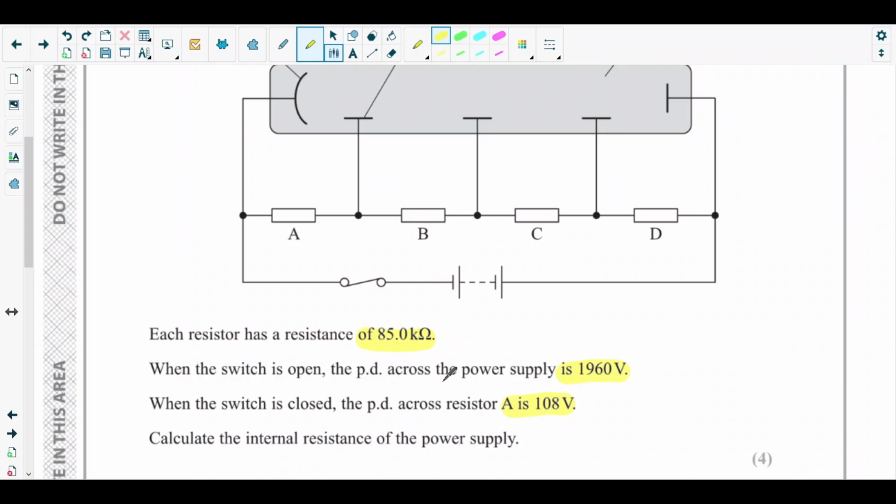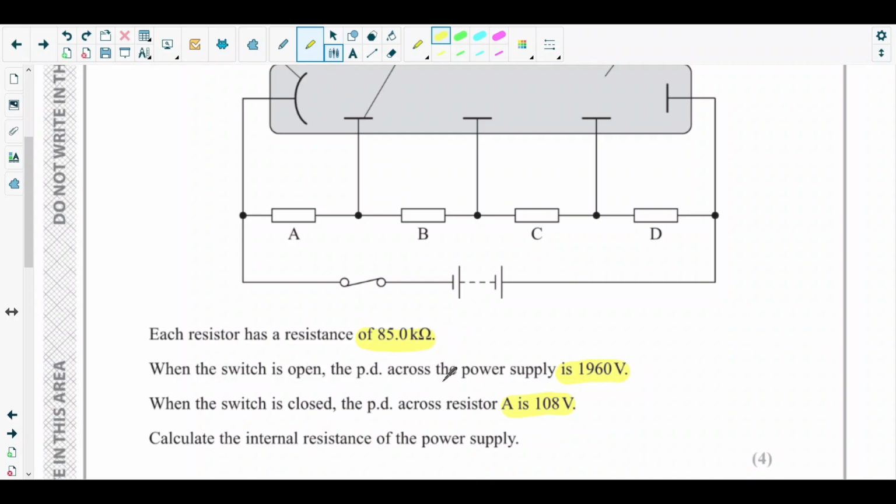The resistance of each resistor is given there. It is 85 kilo ohm. So we know the resistance R, we know the PD across the first resistor. From there we can find out the current in the circuit, right?